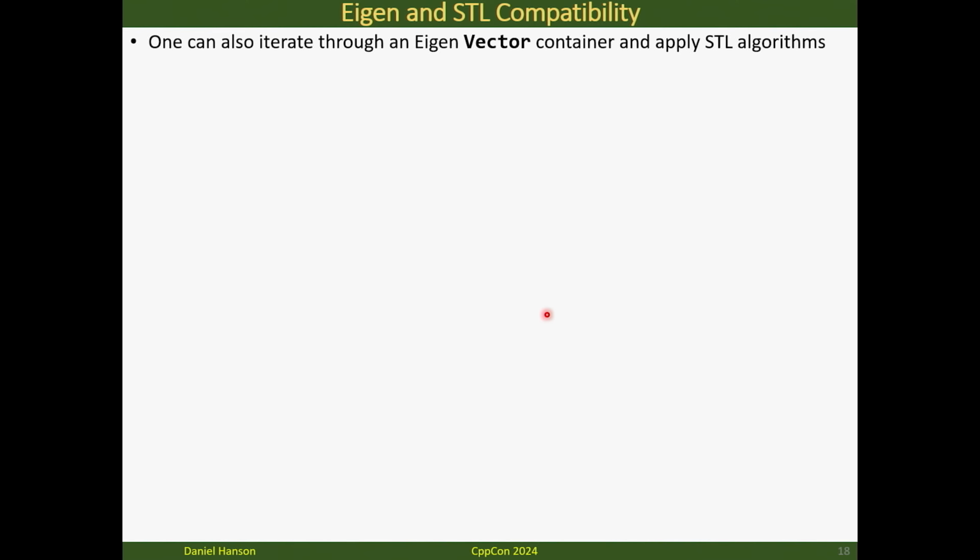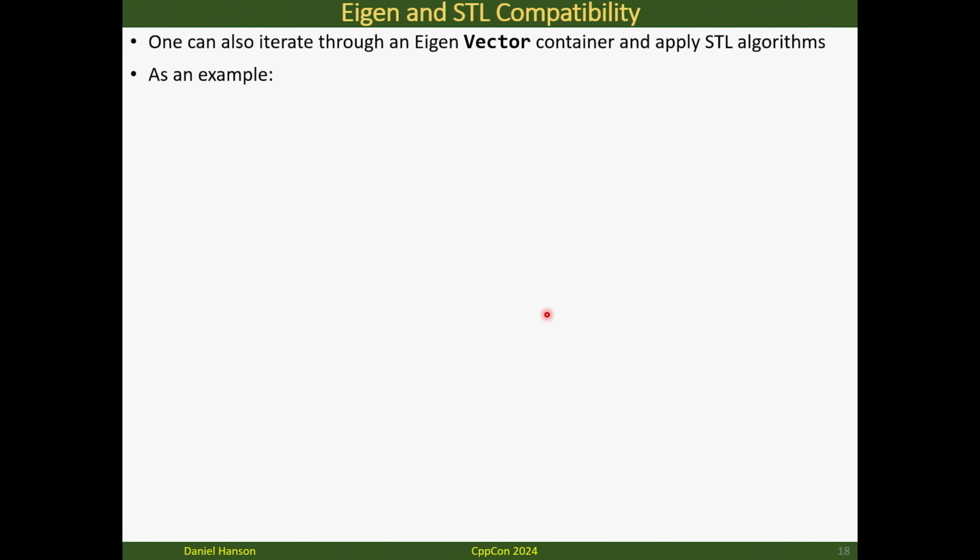Now, one really cool thing about Eigen is you can iterate through an Eigen vector container and apply STL algorithms. This is a really, really nice feature.